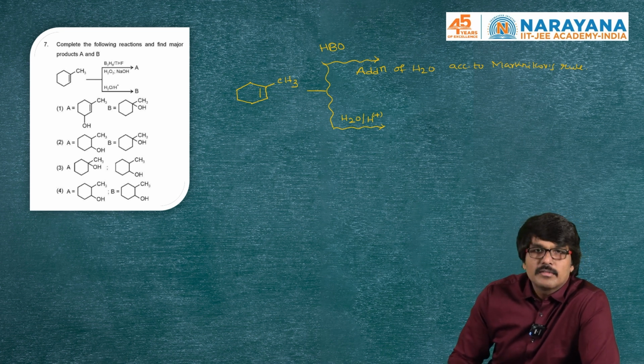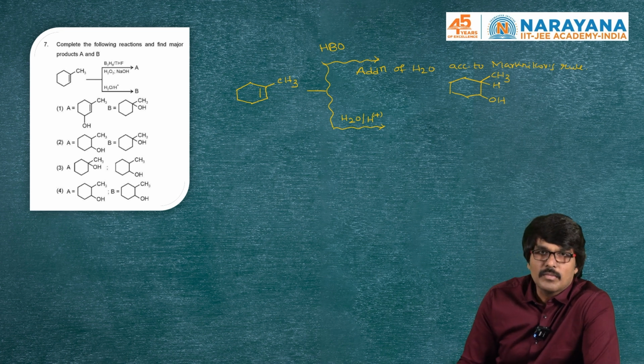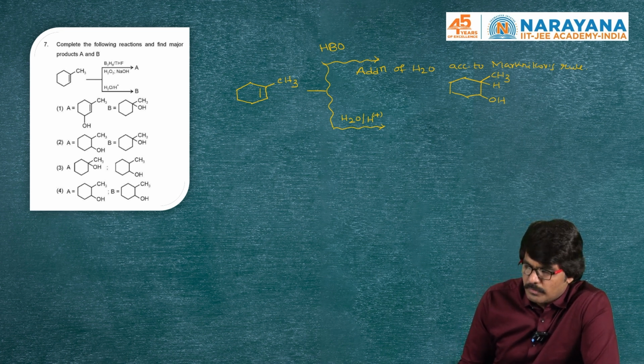Installation of water according to Markovnikov's rule. As a result, here you will be getting the product, so here this is CH3 and OH has to be installed here and hydrogen has to be installed here. Net reaction is addition of water according to Markovnikov's rule.